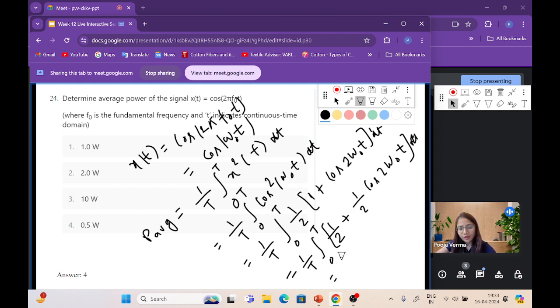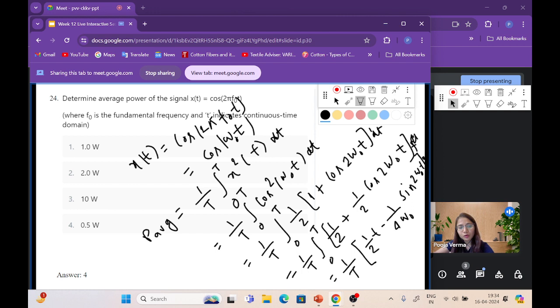Now if we integrate this, what do we get? 1 by T in brackets, 1 by 2 t, minus, that means the integration of cos is sine theta, so 1 by 4 omega naught goes down, and sine 2 omega naught t, that varies from 0 to T, right?